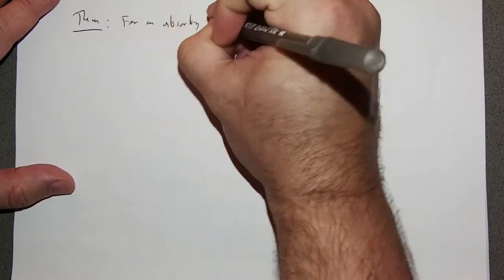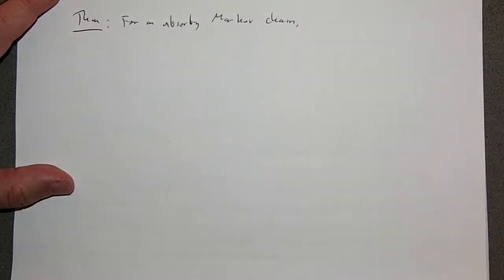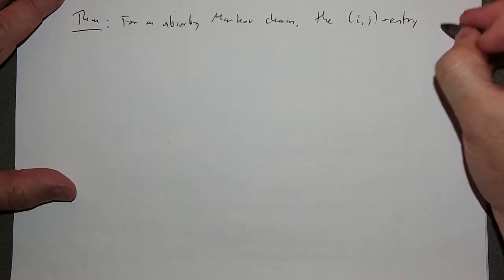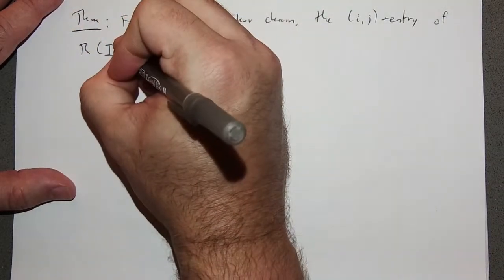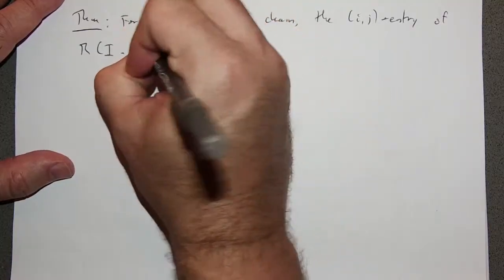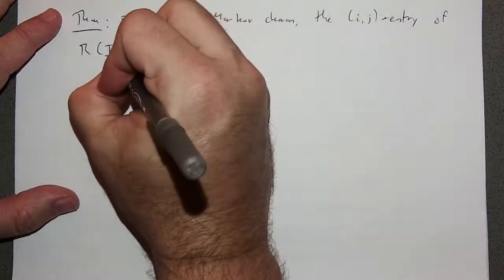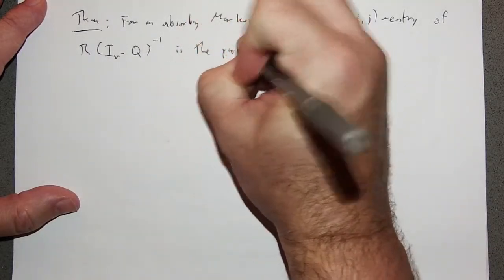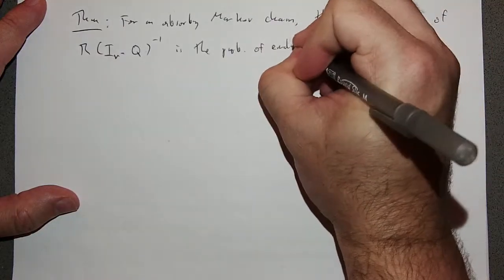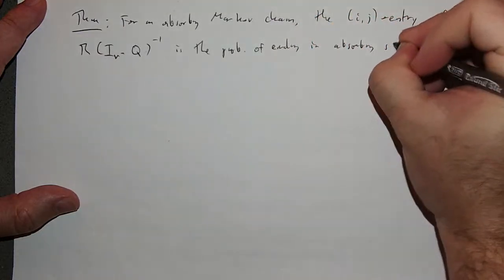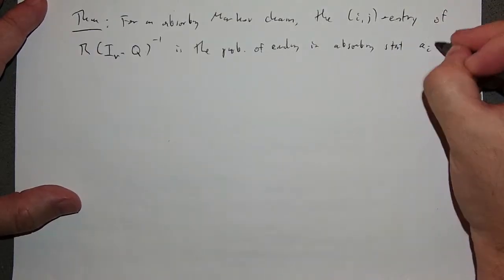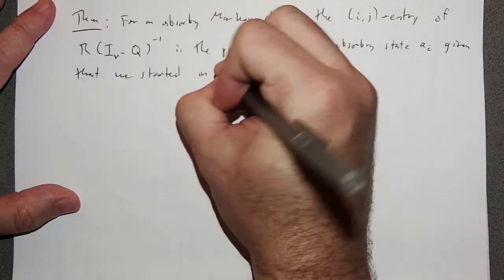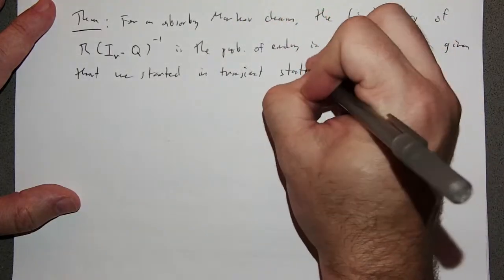For an absorbing Markov chain, the ij entry of R times (I minus Q) inverse, and if you like, this identity matrix is R by R, is the probability of ending in absorbing state A sub i, given that we started in transient state T sub j.